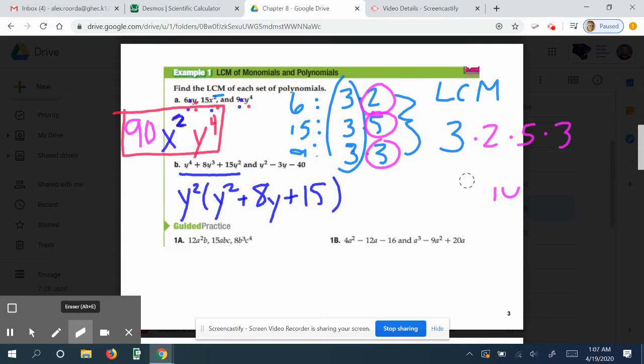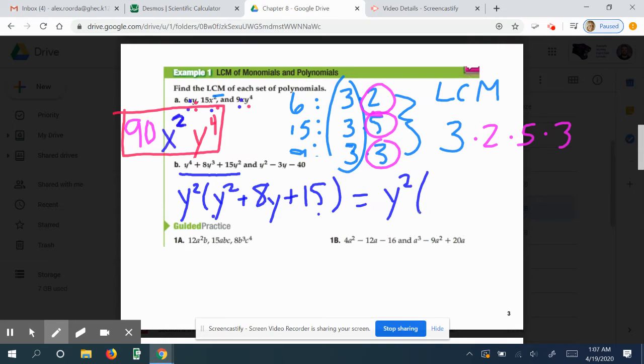I can actually say the two numbers that multiply to 15 and add up to 8 are going to be, let's see, 5 and 3. So this is actually y squared, and then it's going to be y plus 5 and y plus 3. Okay, that's the first one.